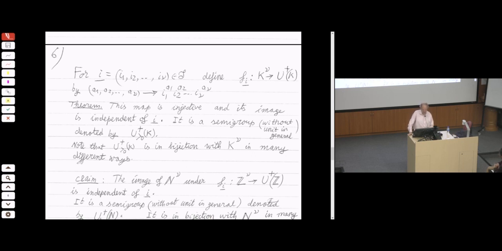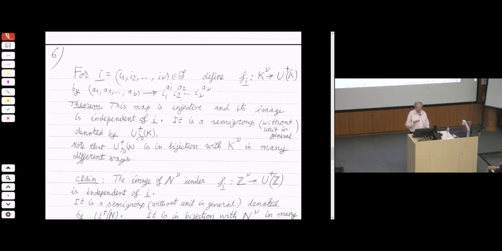Now I should say that here I always assume the group is simply laced, but if the group is not simply laced, this semigroup is also defined in the non-simply laced case. And then the canonical basis is also defined in the non-simply laced case.